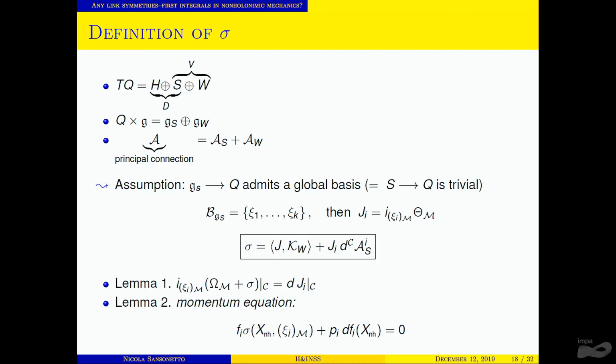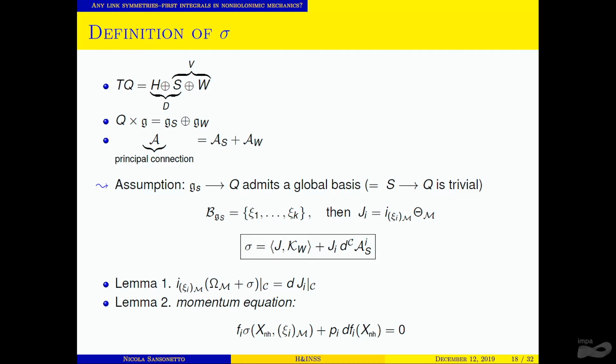Now, this allows us to write this object, sigma, in this way, that arises from writing explicitly the momentum equation. And I want to just say something about these two terms. This term has been introduced, if I remember well, by Jair, yes, right?